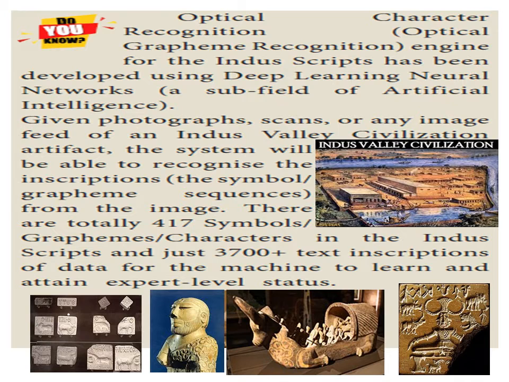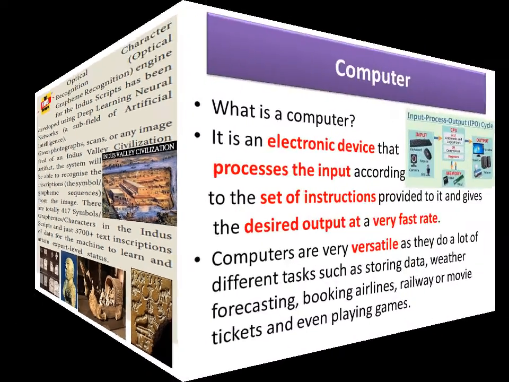So it is able to identify the script and the grapheme, the representation, the machine is able to identify. You just have to give a scan or just an image of the Indus Valley civilization. It will recognize a symbol or the inscription that is there on that and gives us the output by using a technique of deep learning neural networks.